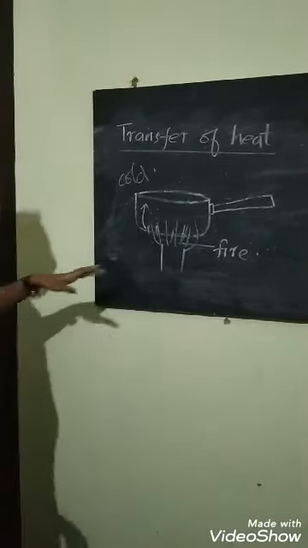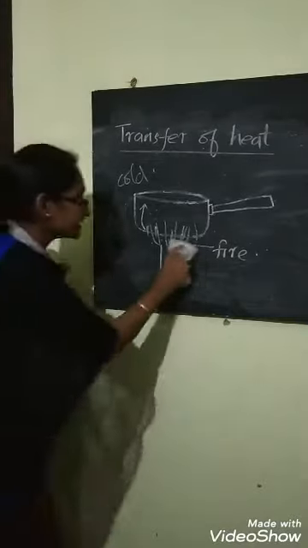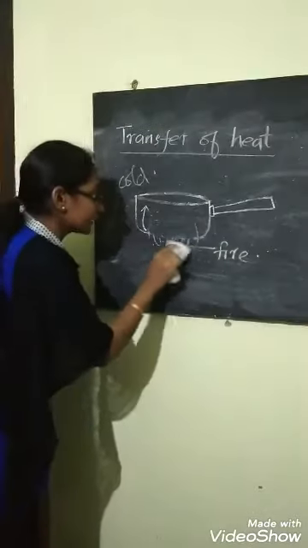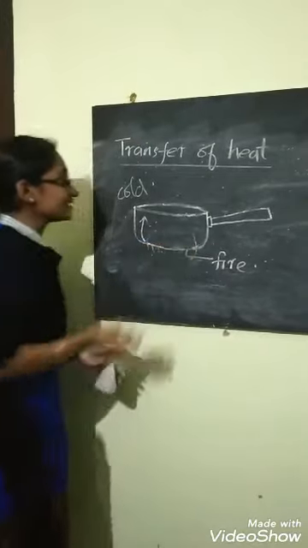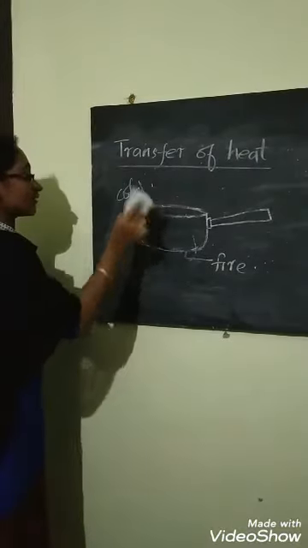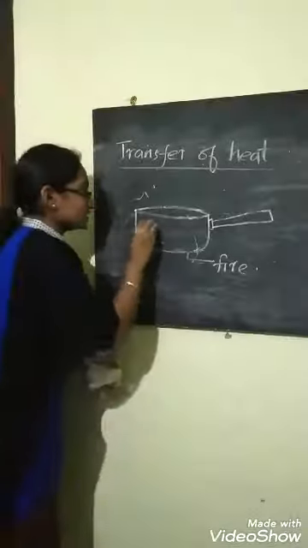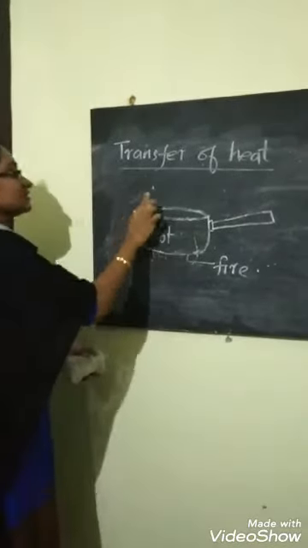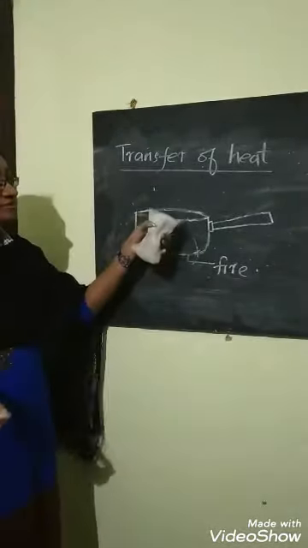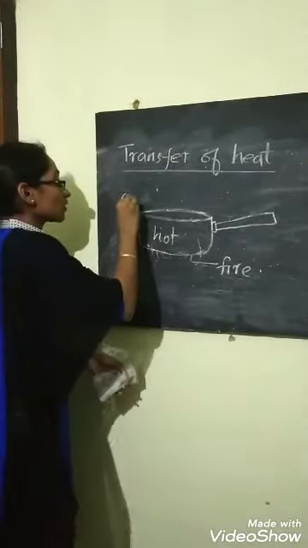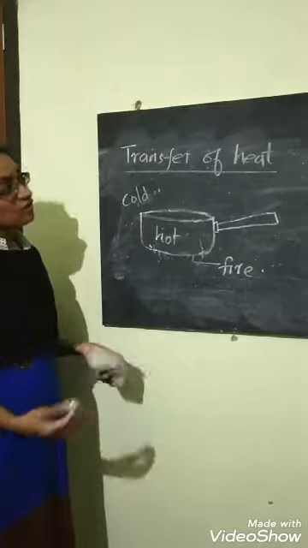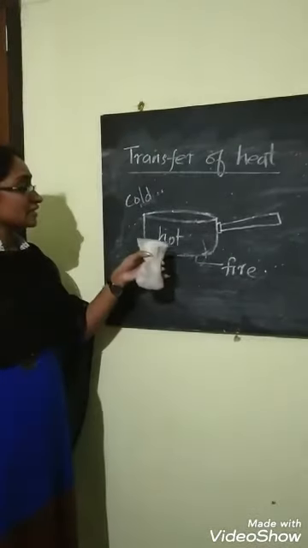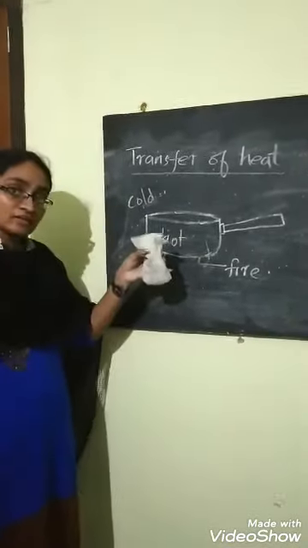And now I am going to remove this heat. I am going to remove this fire. Now what happens? Now this beaker or our utensil is hot. This is hot. And what about our surroundings? These are cold compared to this utensil. Now what happens? Will this heat sustain for the whole day?